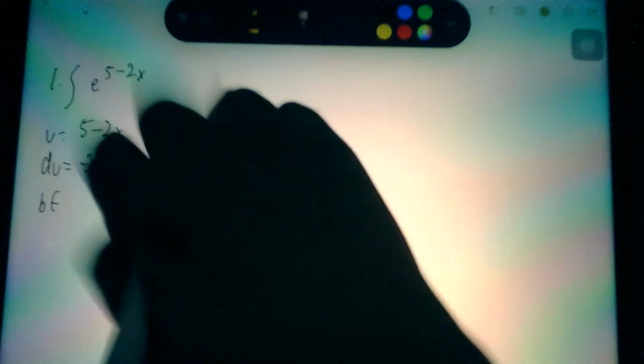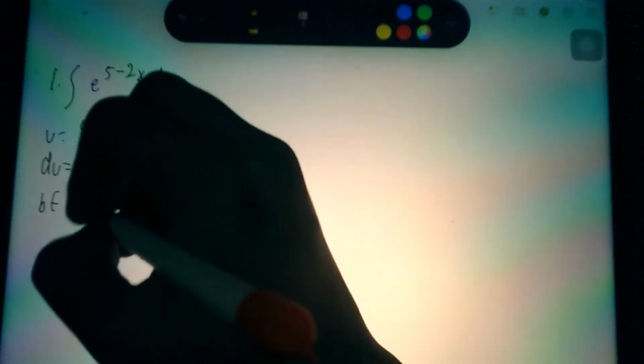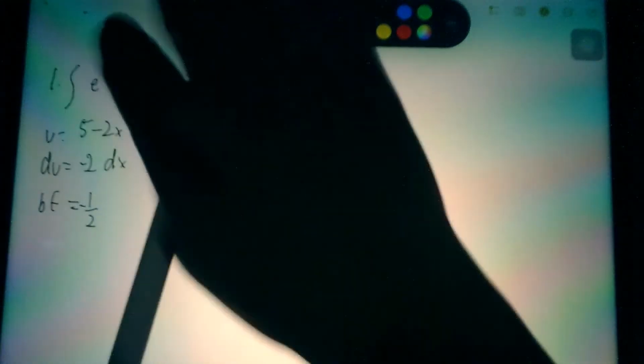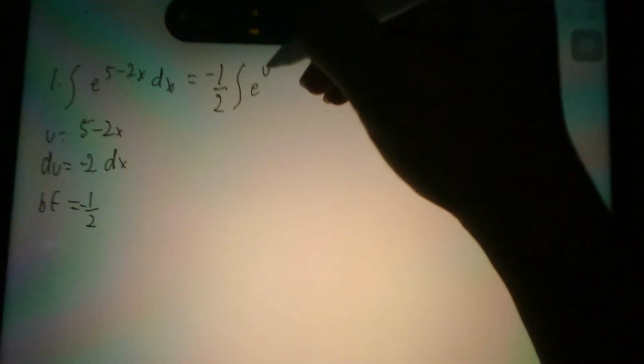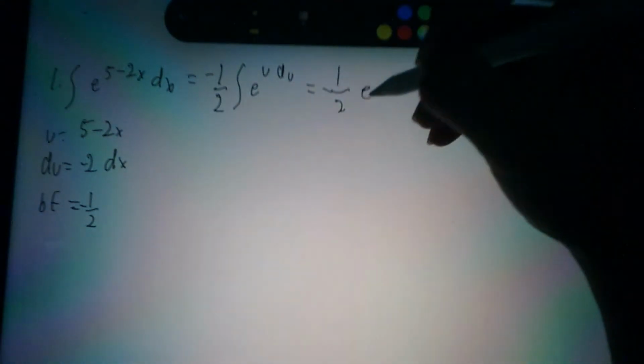So we have an excess here, negative 2 dx, so we put a balancing factor here to balance the equation. Let's rewrite our equation. Don't forget to put the balancing factor outside, then the integral of e raised to u du is equal to, we substitute u, negative 1/2 e raised to u.